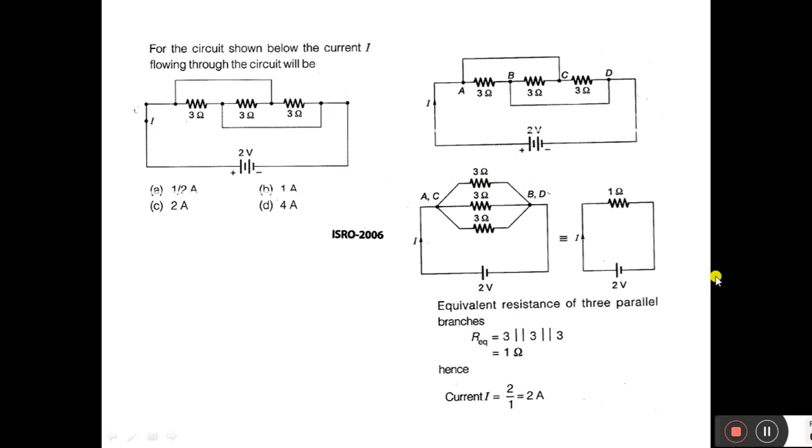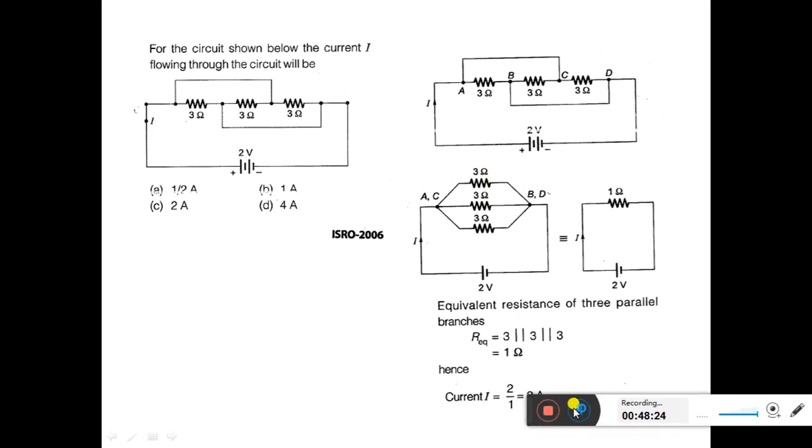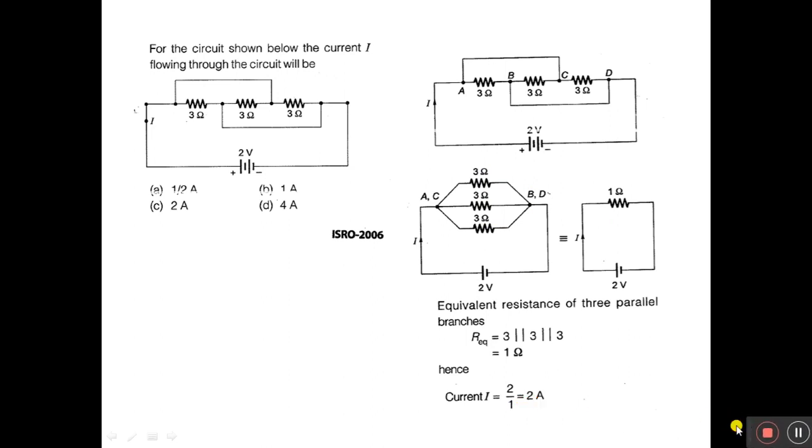Suppose 100 numbers of 3 ohm resistors are connected, how can you calculate? It is very difficult. In that case, you can take the shortcut idea: the value of the resistor divided by the number of parallel paths. So 3 divided by 100, you can get the answer. Similarly, here 3 resistors are connected in parallel, so we get 3 by 3, that is 1 ohm.